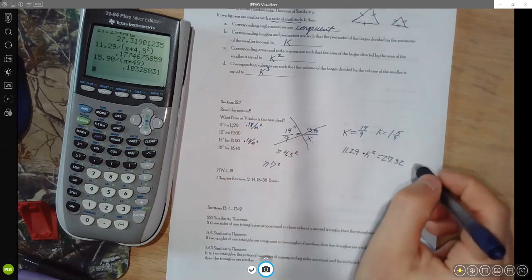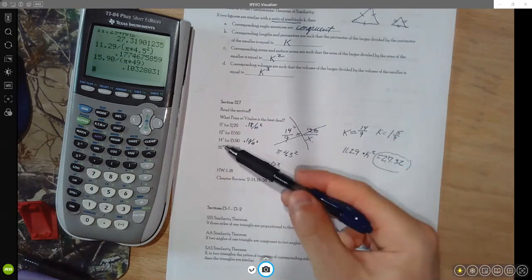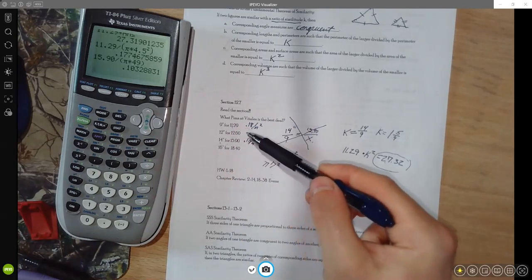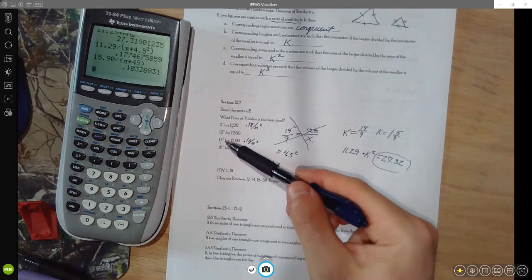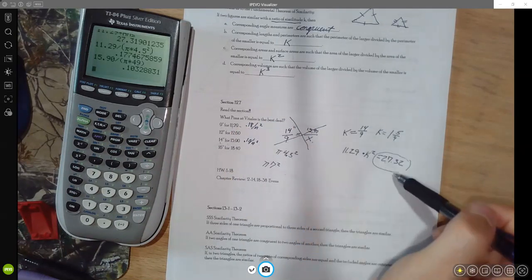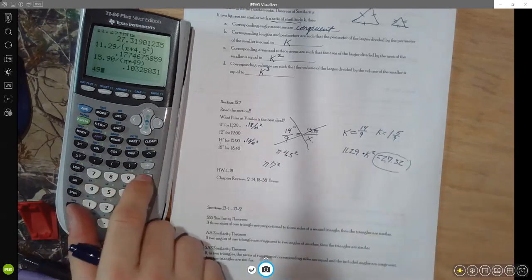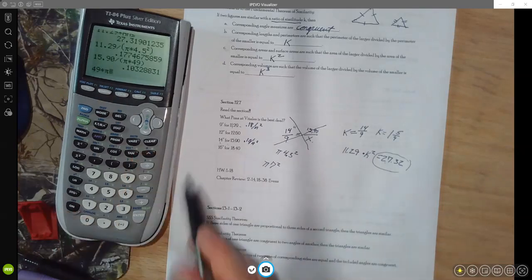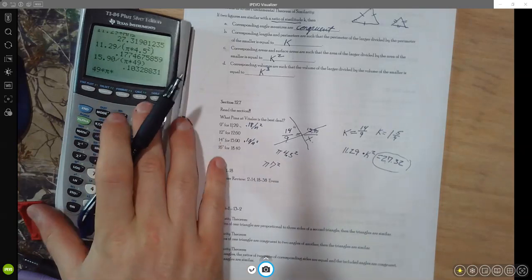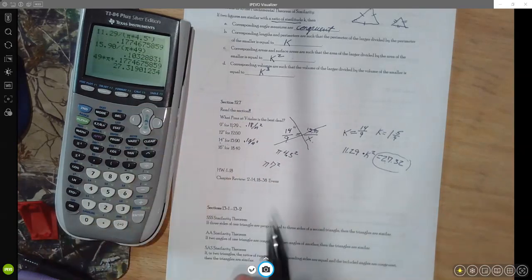And that's why this $27, this is what this is saying, is that if the 14-inch pizza was charged at the same cost per square inch as the 9-inch pizza, it would cost $27.32. So if we were to take 49 times pi, the area of my 14-inch pizza, and multiply it by this cost per square inch of the 9-inch pizza, we end up with $27.32.